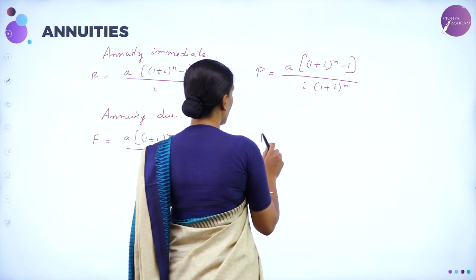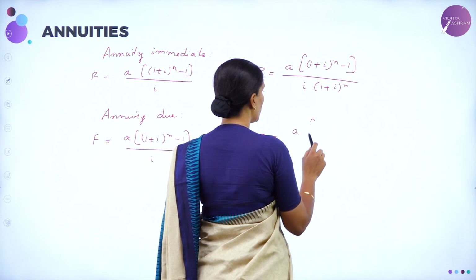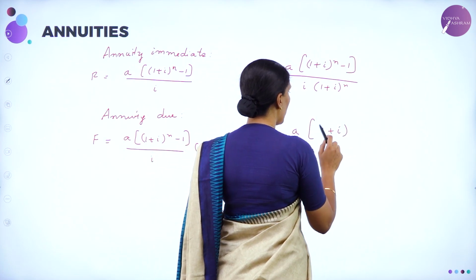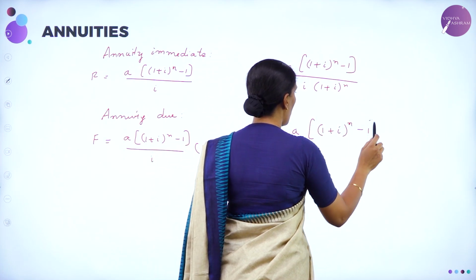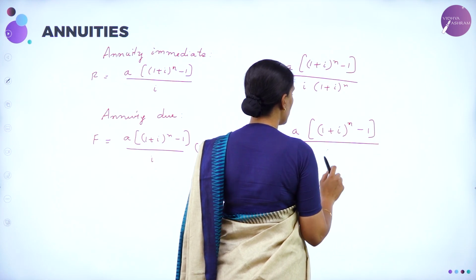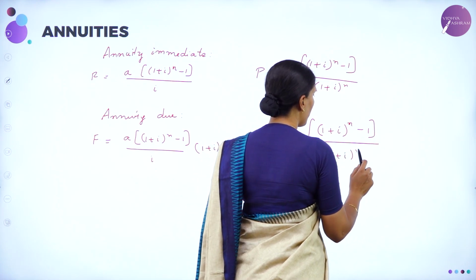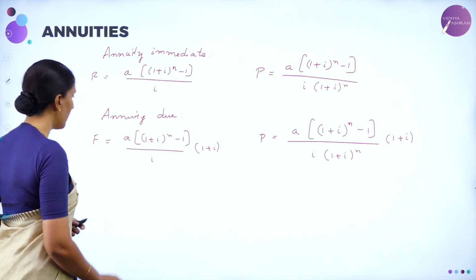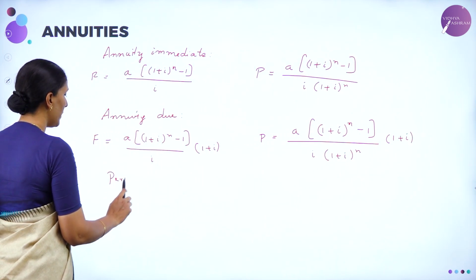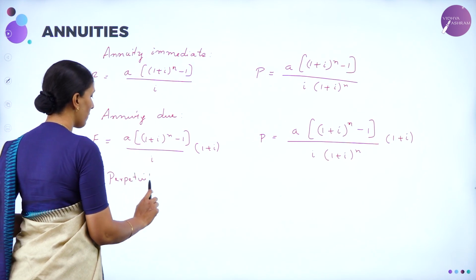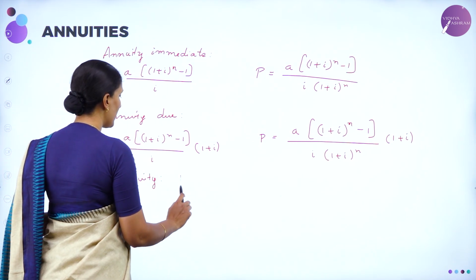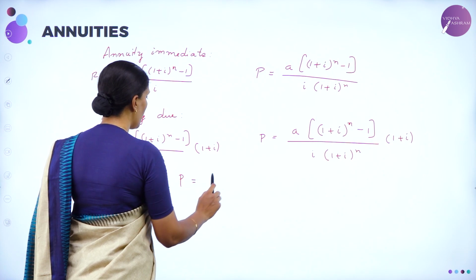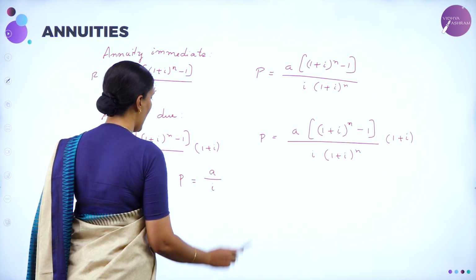And the present value is given by A into (1 plus I) whole to the power n minus 1 whole divided by I into (1 plus I) whole to the power n into (1 plus I). Next we have a perpetuity. Perpetuity doesn't have a future value. So it has only the present value, and the present value is given by A divided by I.